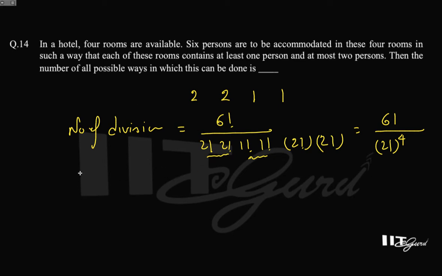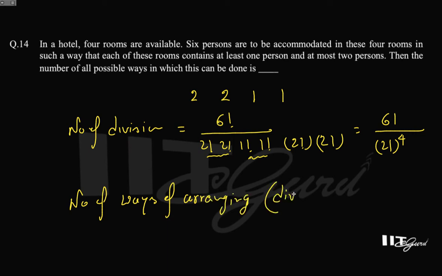Now we come to the number of distributions. Now we will arrange these in different rooms. The number of ways of arranging means now we will go for distribution.